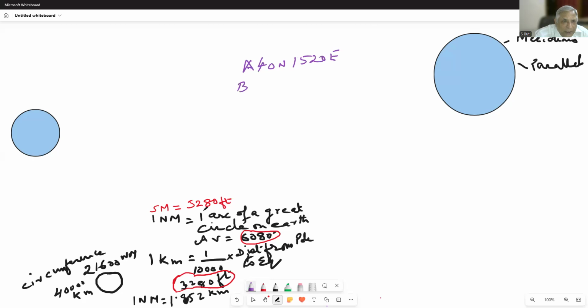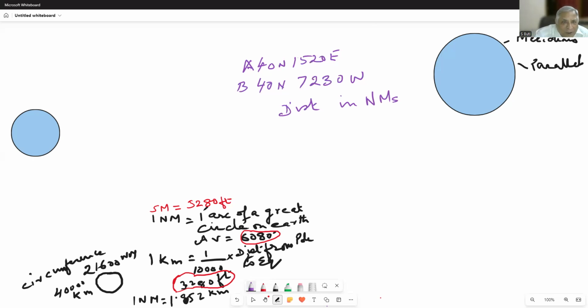Place B is again 40 degrees north, 72 degrees 30 minutes west. Find the distance in nautical miles between these two places.